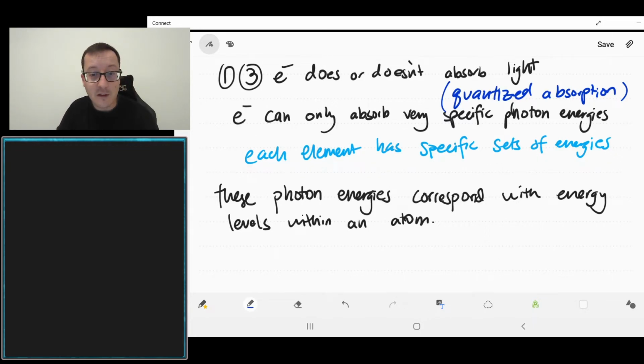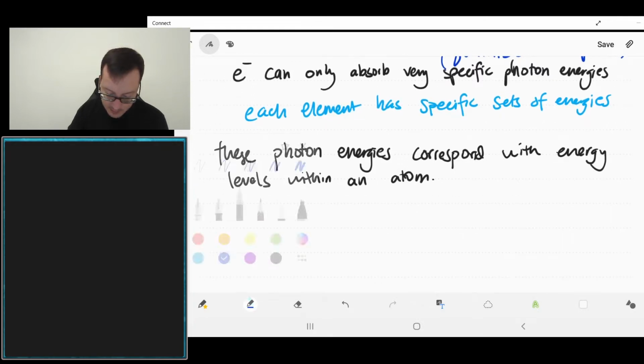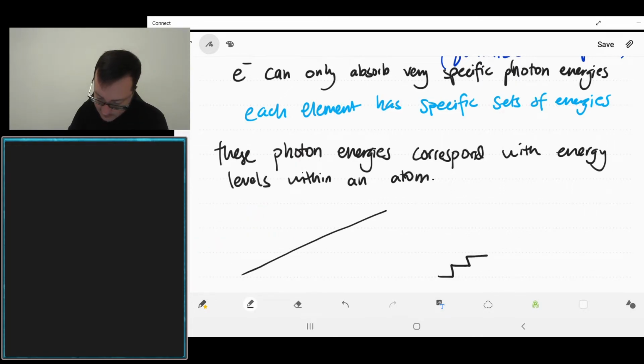And the word we use for that is quantized. They're very specific, discrete, exact levels that we can have. And every atom will have its own set of quanta, its own quantized energy levels. One way I think the book does a nice job of it is it compares, by the way, something like a ramp versus a staircase.